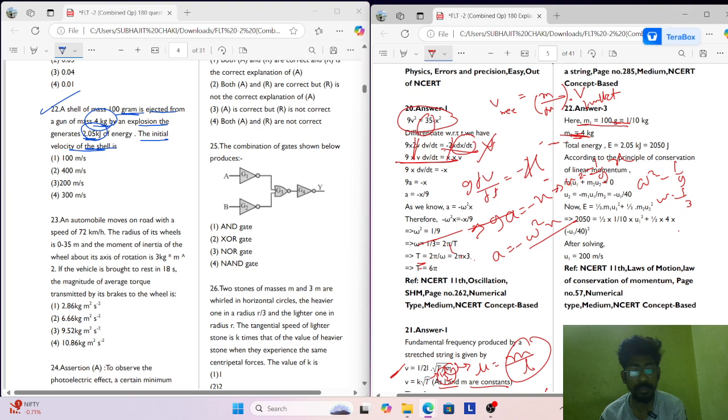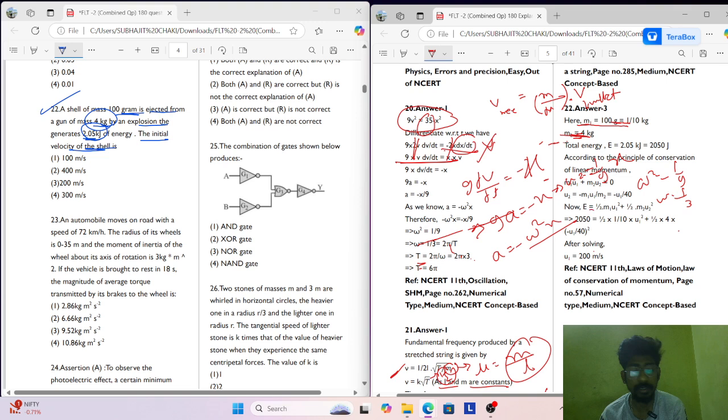Put all the values: recoil velocity equals mass of bullet 0.1 divided by 4, 0.1 by 4 means 1 by 40, into velocity of bullet v. So v divided by 40, but a negative sign is there because both the gun and the bullet are going in the opposite direction.